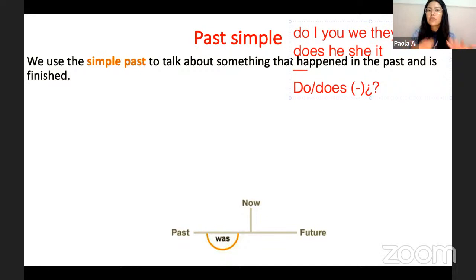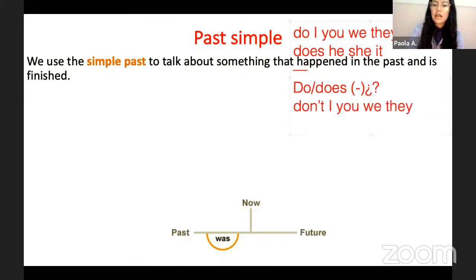It's just representing maybe the negative, which could be do not, but I always use contractions, right? So it's don't, and I use this with I, you, we, they. And doesn't, does not, contraction. Doesn't, I use it with he, she, it, no?